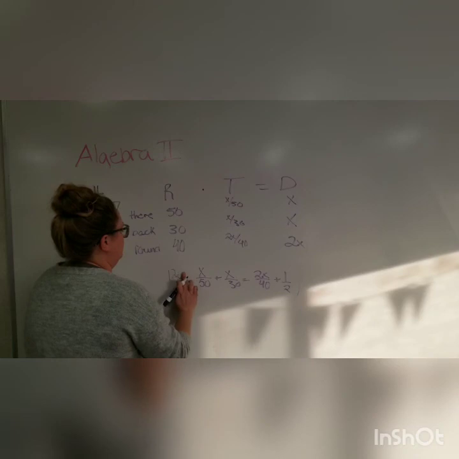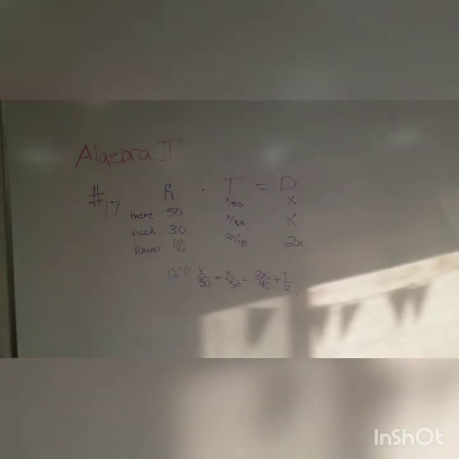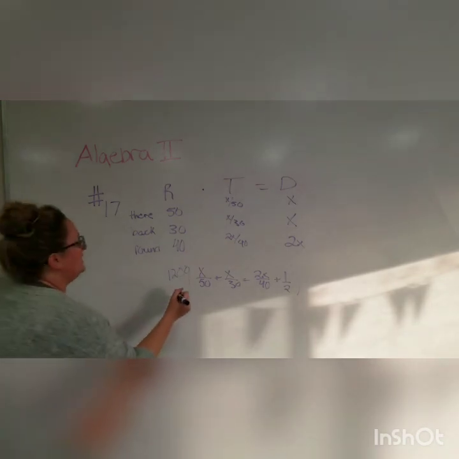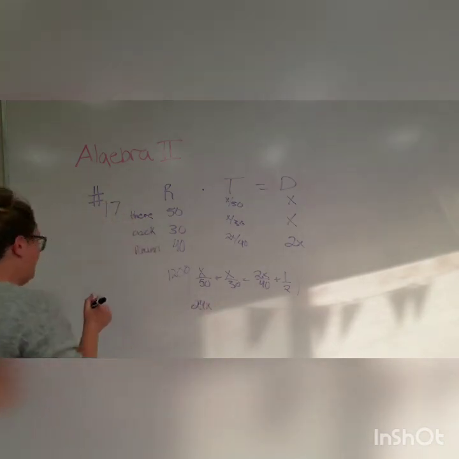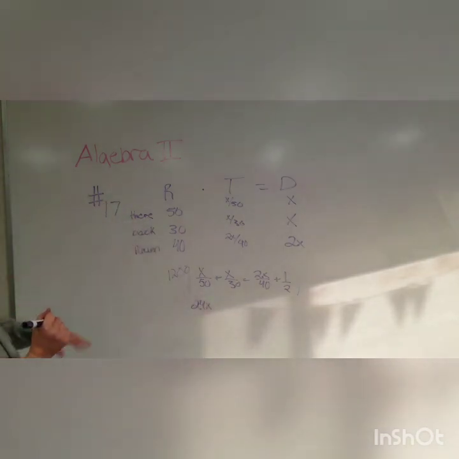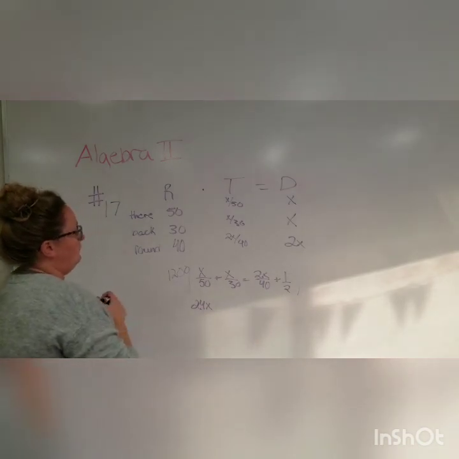So how many times does 50 go into 1,200? 50 goes into 1,200 24 times. So we have 24x. 30 goes into 1,200 40 times.